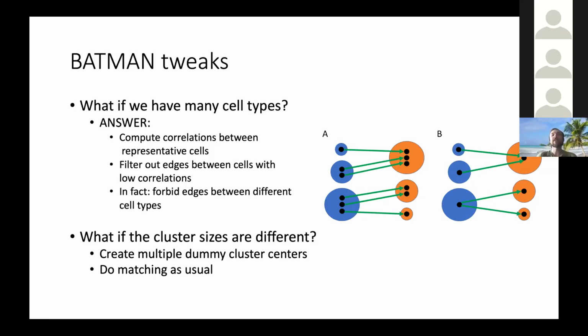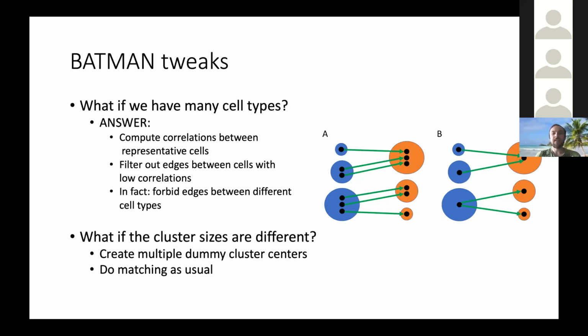And then we filter out edges between cells with low correlations. So we are basically forbidding matching cells between different cell types. That's one of the things that I'm proposing. That's a parameter in the software package, but I set it to 0.7 and it works quite well.